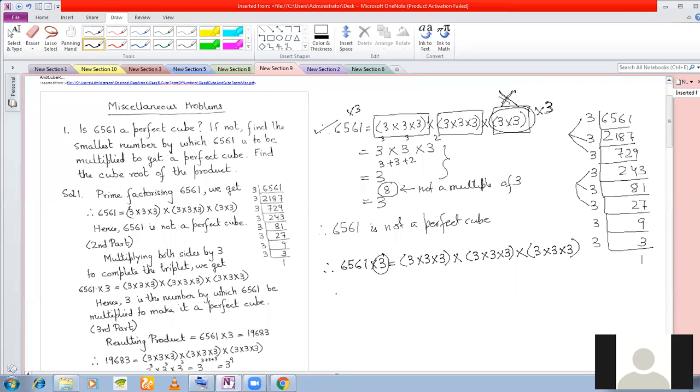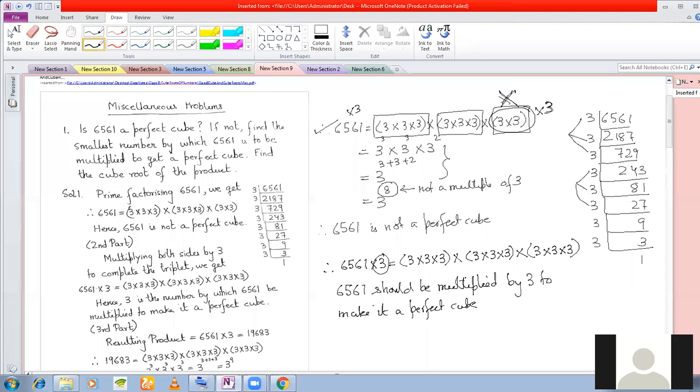So the first part of your answer is: 6561 should be multiplied by 3 to make it a perfect cube.